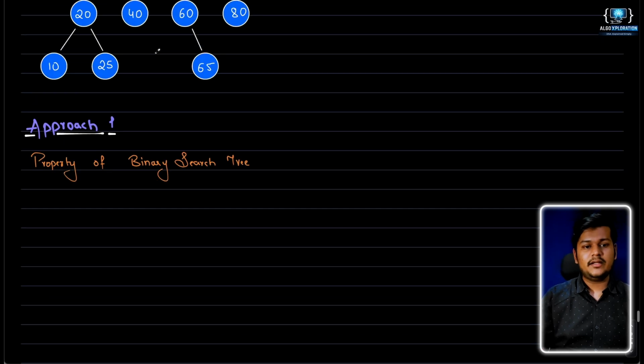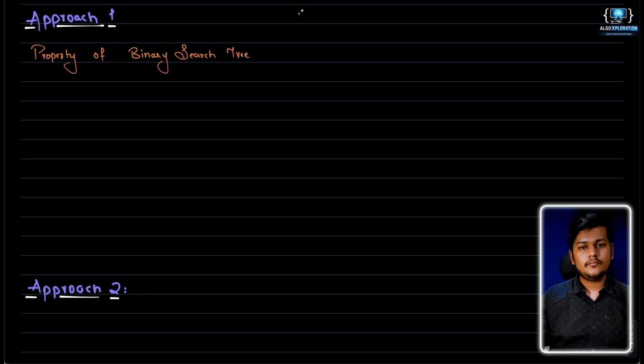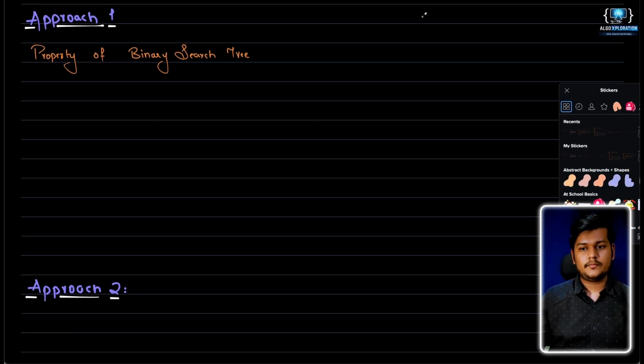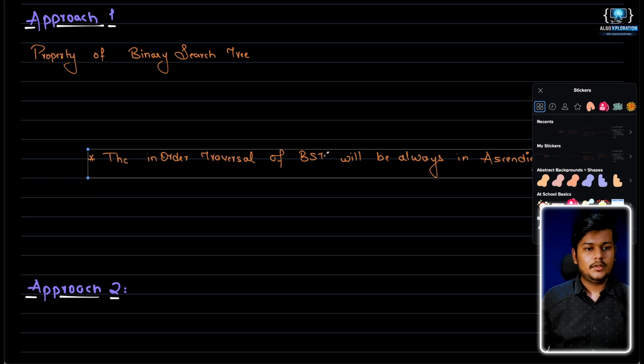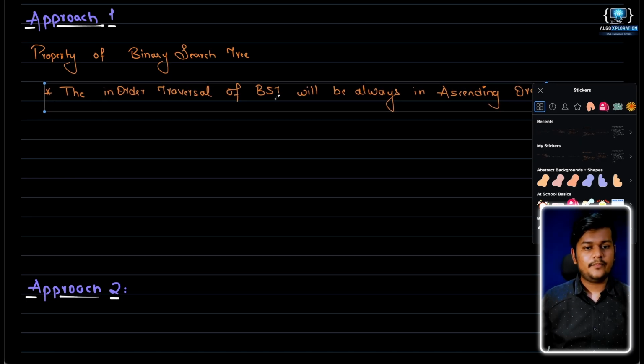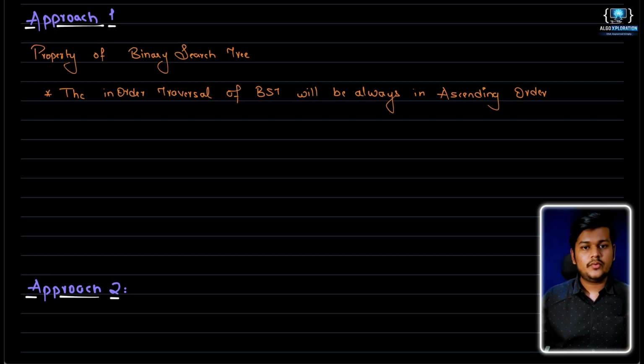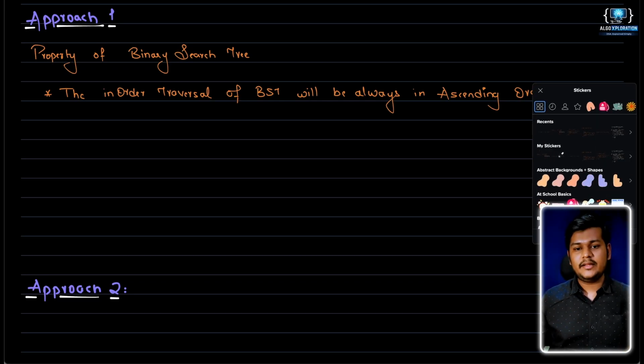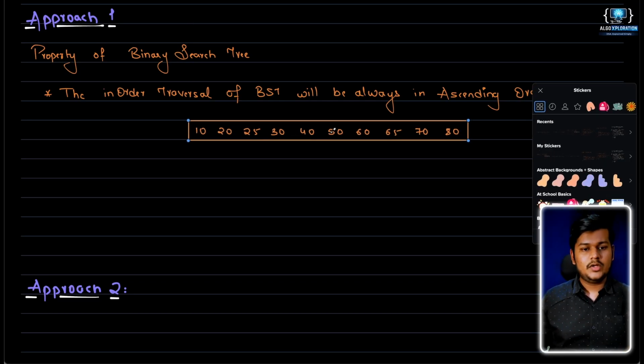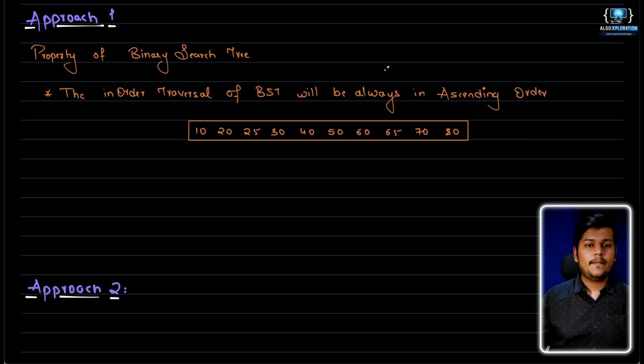Let me write that property. You can read it on your own as well. Now, if I have in-order traversal, the values I will be getting in this way. You can see that the list is in ascending order.